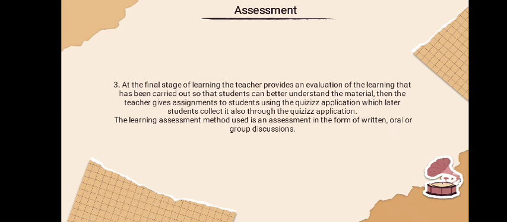Then the teacher gives assignment to students use the quizzes application, which later student college it also through the quizzes application. The learning assessment method used is an assessment in the form of written, oral, or group discussion.